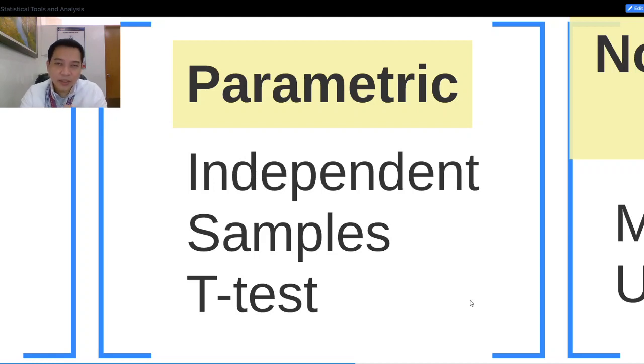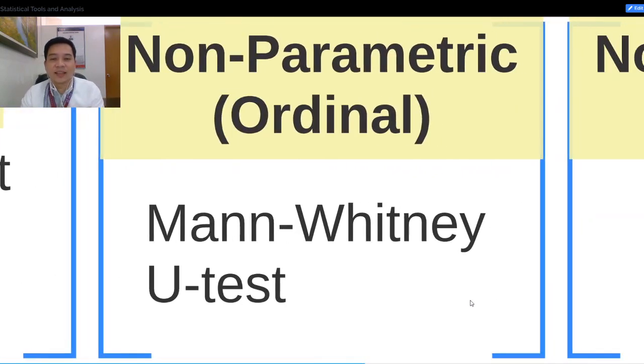Okay, now if your data is ordinal and you have again two groups, one test, one time, and with ordinal data, you'll be using the Mann-Whitney U test. Again, if your data is ordinal and the analysis in your question consists of two groups, one test, one time.